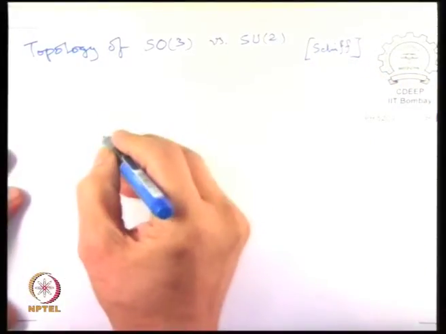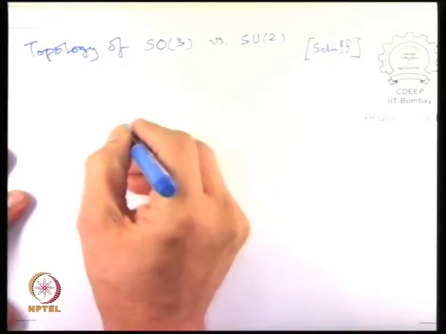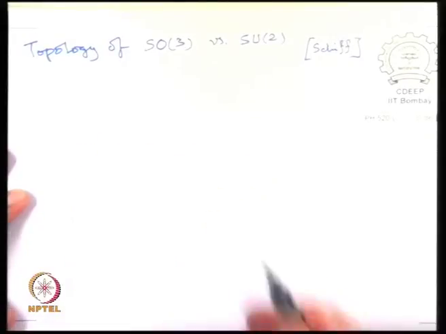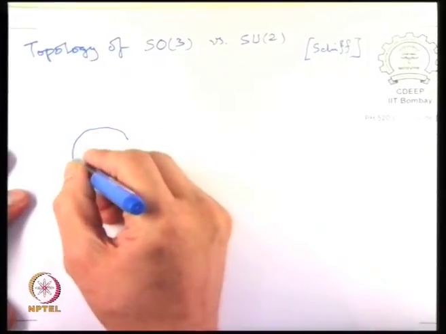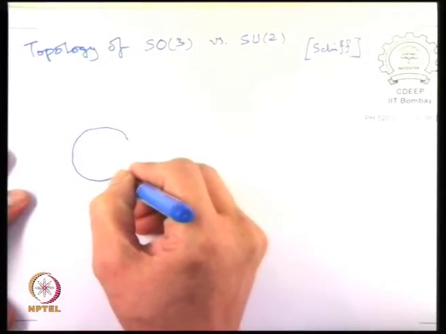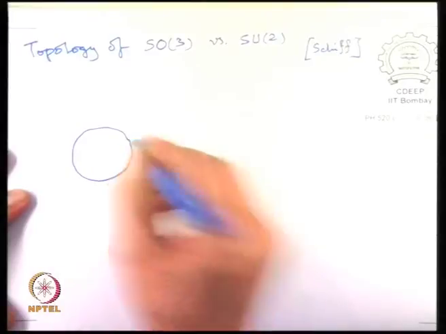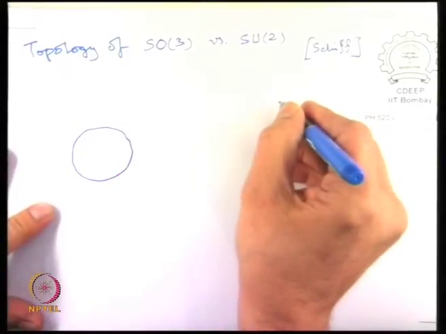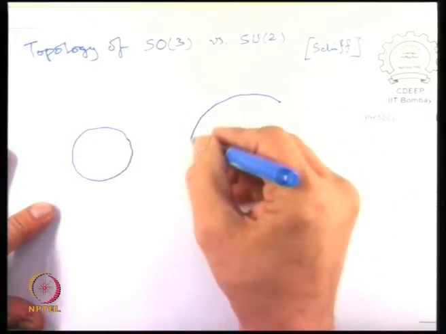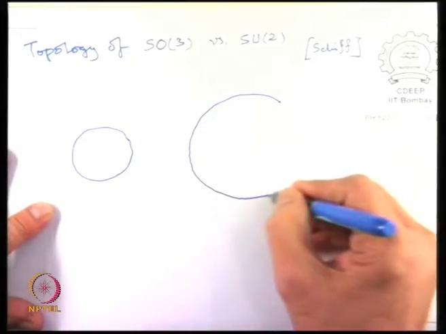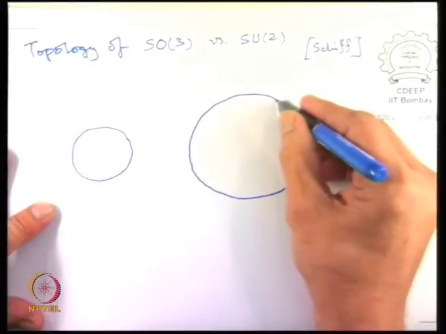The point is that we will try to draw these two spheres, and this will be SO3, and although I promised you that topology has no sense of distance in it, we will draw double the size sphere.